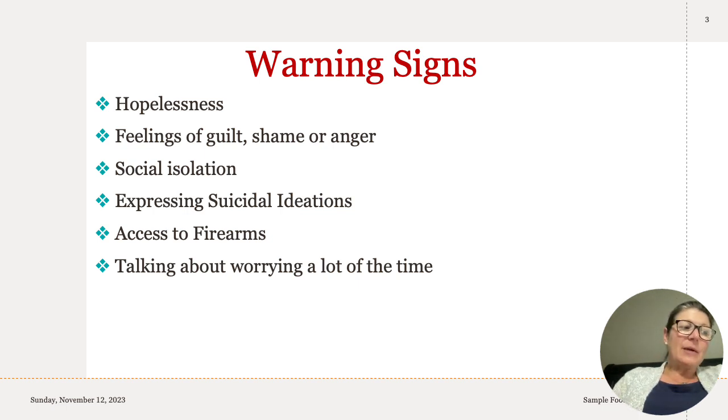So we want to take this opportunity, and I want to stress to him to take this opportunity to learn how to cope effectively moving forward. It's a challenging time. This divorce is going to be a challenging transition in his life, but he needs to learn better coping skills so he can move forward in this process.